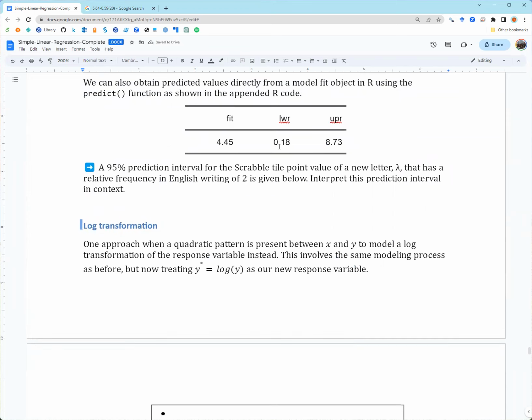So we can interpret this by saying that we expect... Okay, I'll give a blueprint interpretation, and then I'll do it for this problem for the prediction interval.